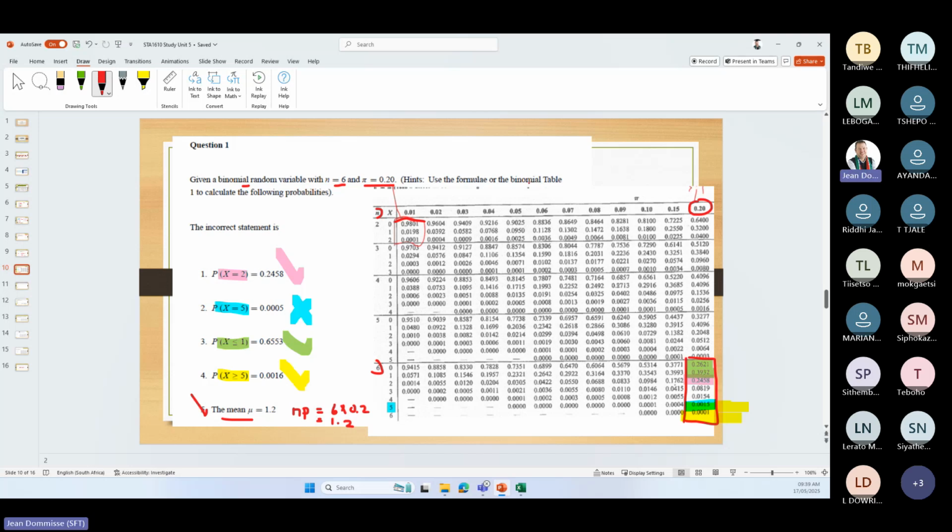And just check when you guys are also doing your assignments, they might give you those hints as well, that you now don't need to go to the binomial formula, because again, for something like this, it really will take you long to do that.